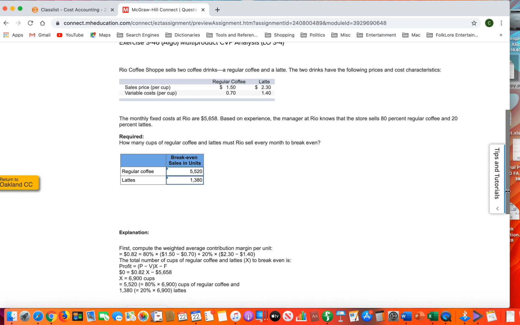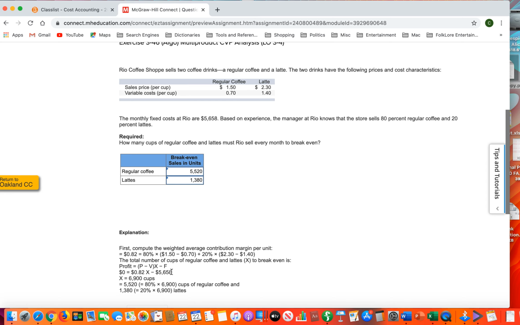Again, as you see here, we got this 150 minus 70. That's the contribution margin per unit, and you multiply that by 80% because 80% of the sales are coffee. This 230 minus 140, which makes it 90 cents contribution margin per cup of latte, times the 20%, will give you 64 cents plus 18 cents, which is 82 cents.